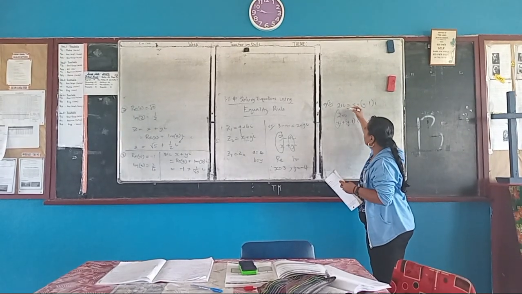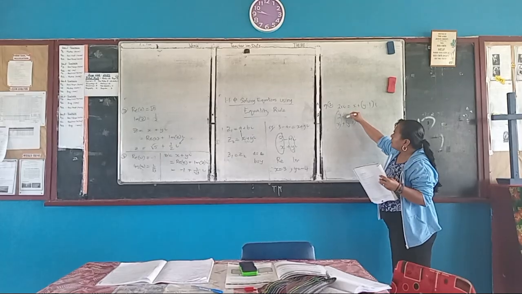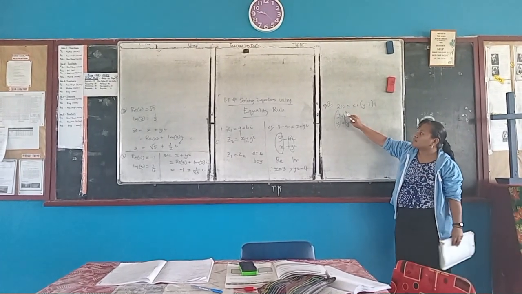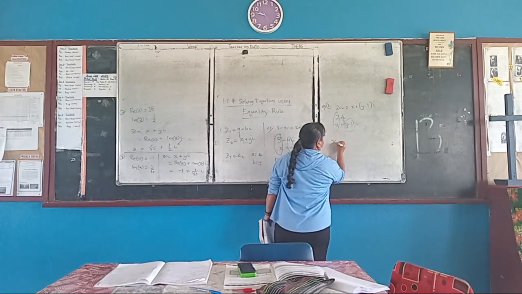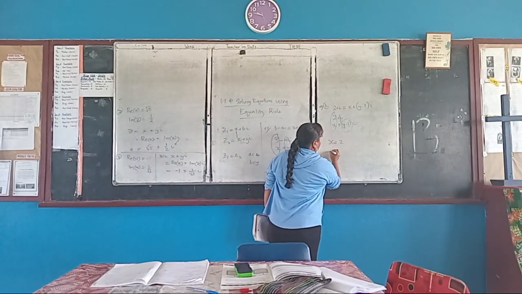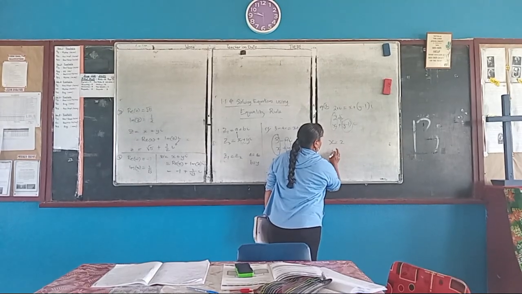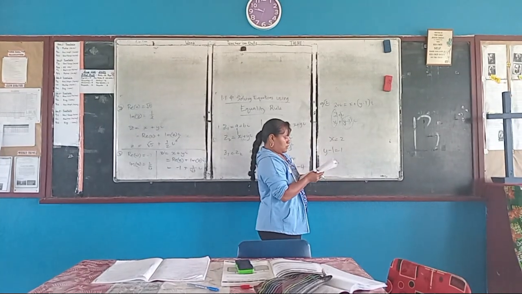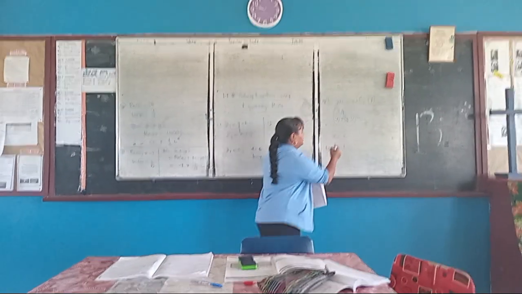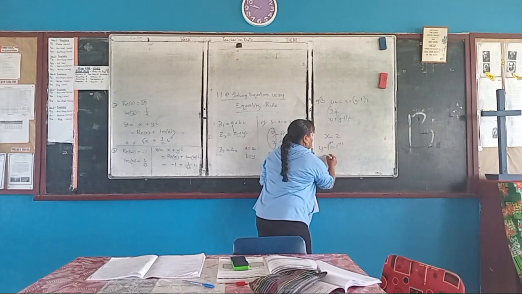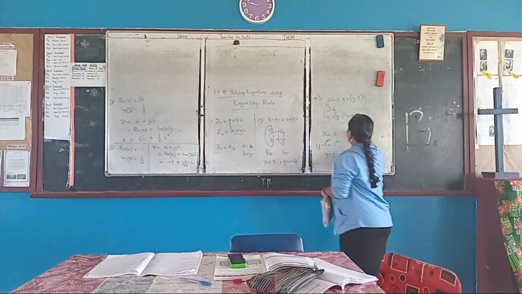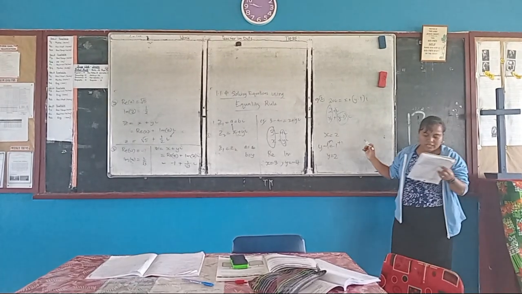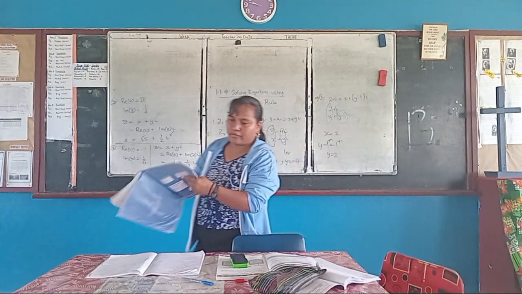Then this i has a coefficient of 1. So when you solve it, x is equal to 2 and y is equal to 1. This is how you find the values of x and y.